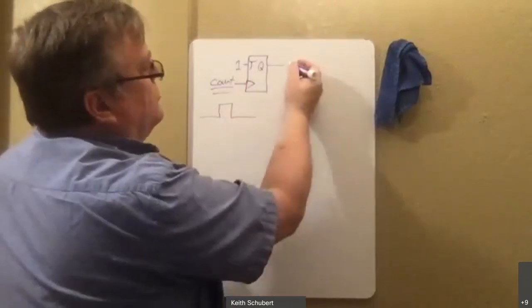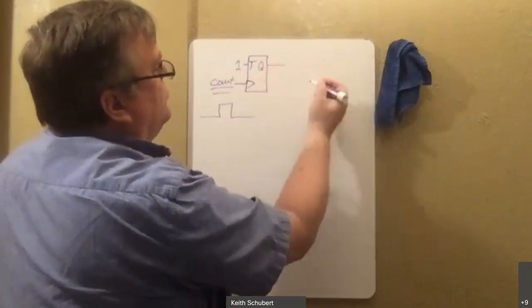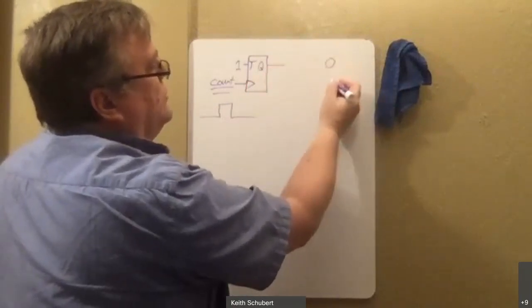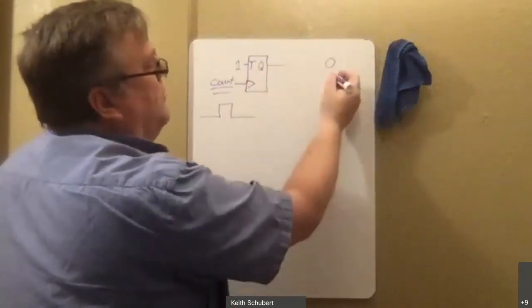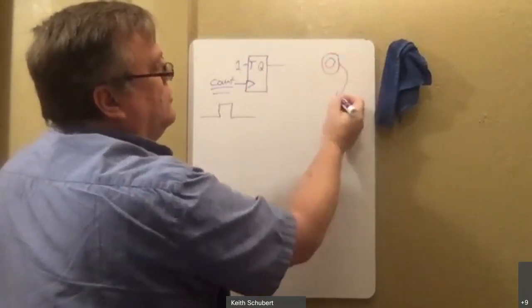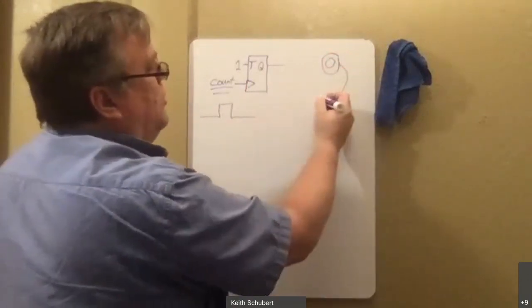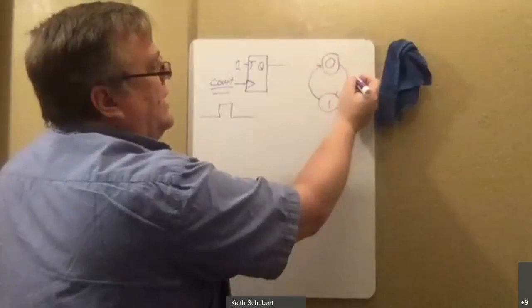Every time I see one of these pulses, this will flip. So on the short end, with just 1 bit here, I'll see a 0, and then a pulse will come in, and it'll transition to a 1. If I'm in the 0 state, it'll go to the 1 state. And then I get another pulse, and it'll go back.